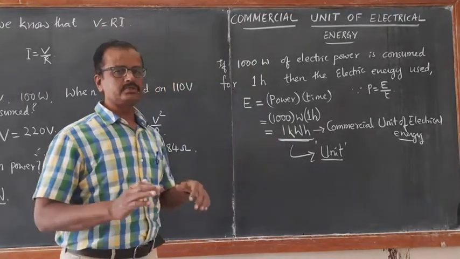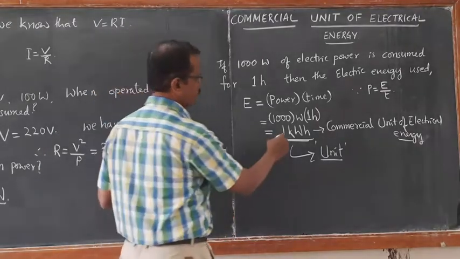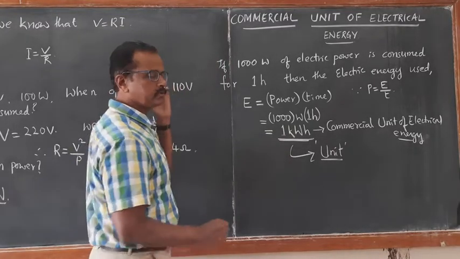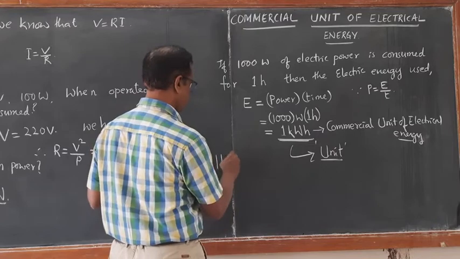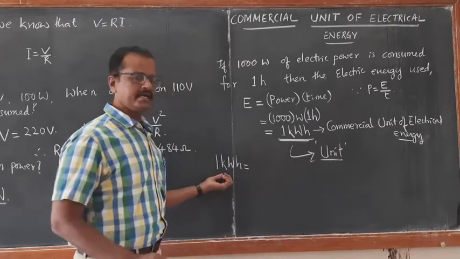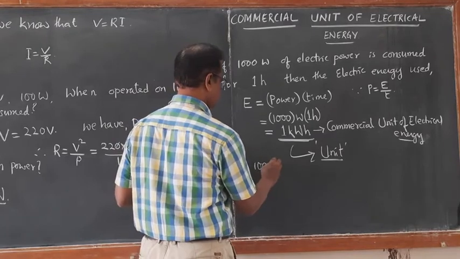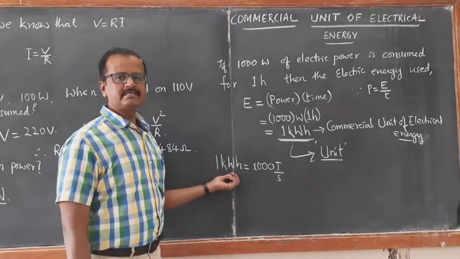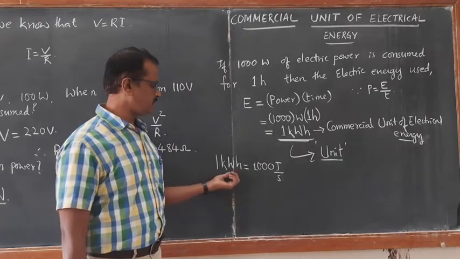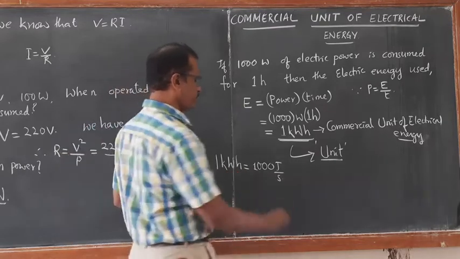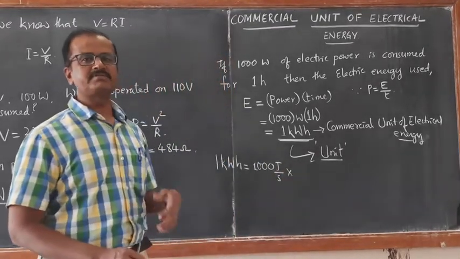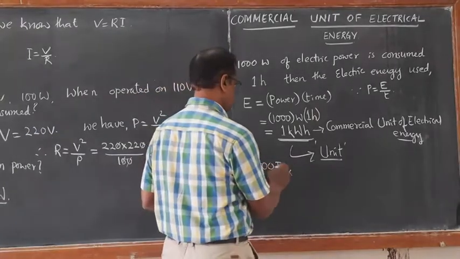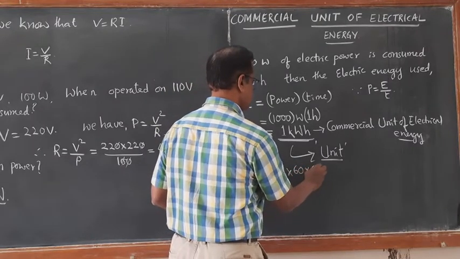So 1 kilowatt hour is equal to how many joules? That is the next question. Kilowatt hour is the commercial unit. If you express this in joules, how many joules equal 1 kilowatt hour? 1 kWh is equal to 1 k, which is 1000 joules per second, because 1 watt is 1 joule per second, into 1 hour. 1 hour if you express in terms of seconds, because now I am converting it into SI unit, is 60 minutes into 60 seconds.